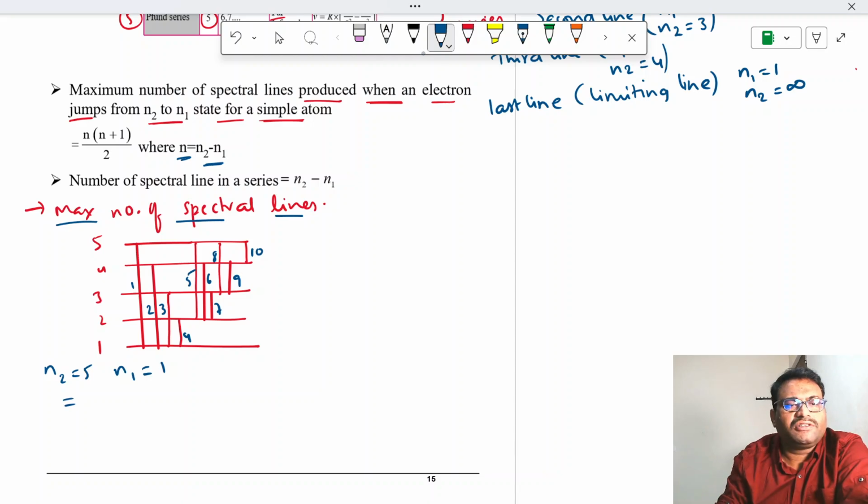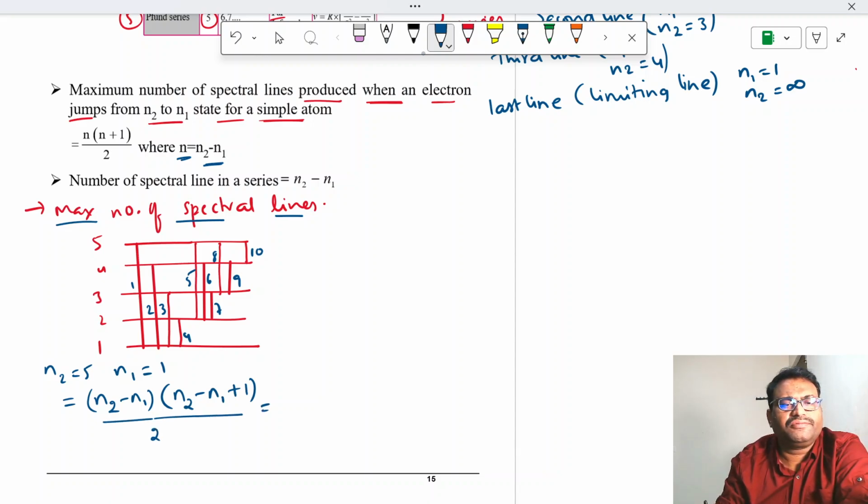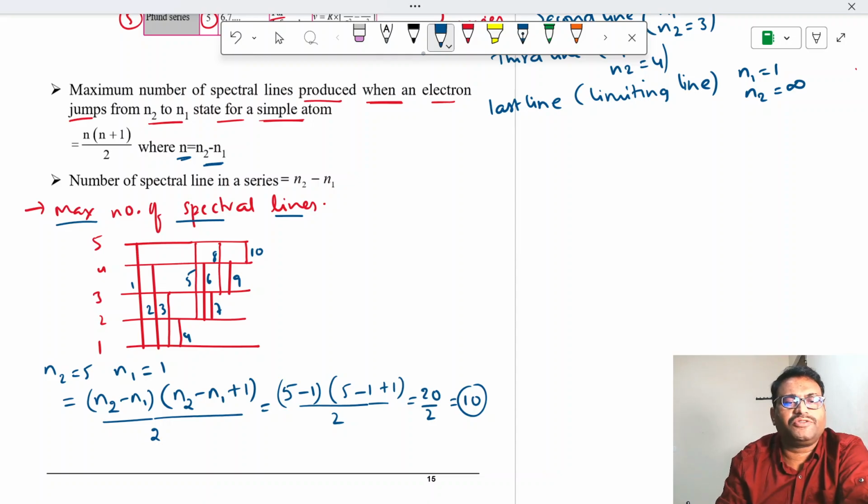The formula is (n2 minus n1)(n2 minus n1 plus 1)/2, which is (5 minus 1)(5 minus 1 plus 1)/2, that is 20/2, which is 10. So 10 spectral lines are produced.